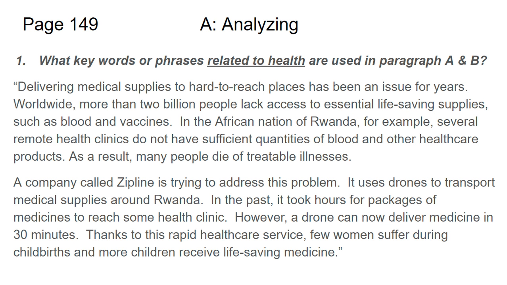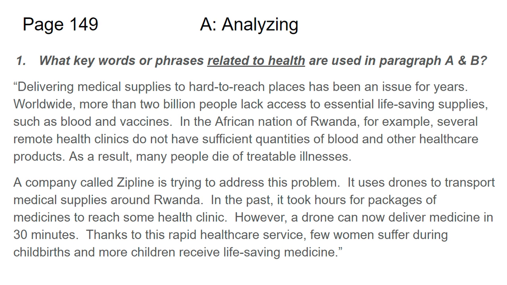In the African nation of Rwanda, for example, so they're giving us an example here, several remote health clinics, I think that's related to health, do not have sufficient, that means enough, quantities, amounts, of blood and other health care products. As a result, so that means therefore, we've got cause and effect here, many people die of treatable illness.